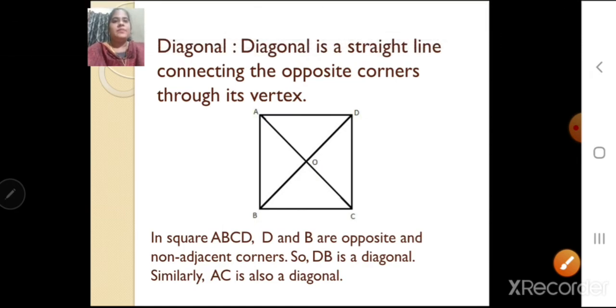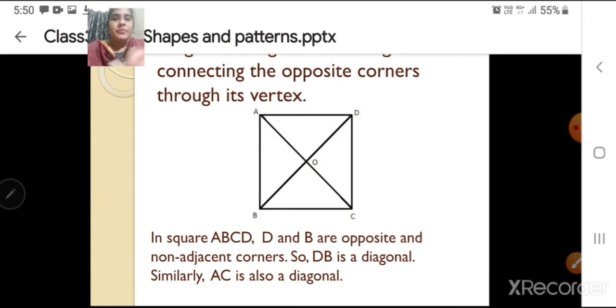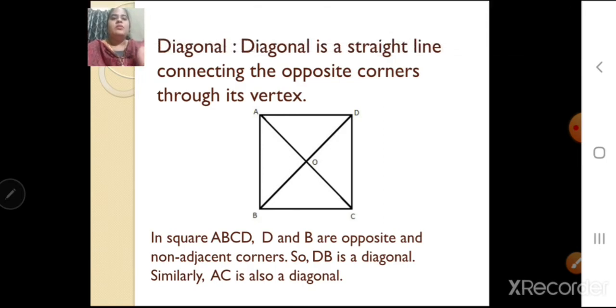Now next, let us understand what we mean by diagonal. Children, a diagonal is a straight line connecting the opposite corners through its vertex. You can see this figure. ABCD is a square, and there are two lines inside the square. These two lines are diagonals. What do we mean by diagonal?